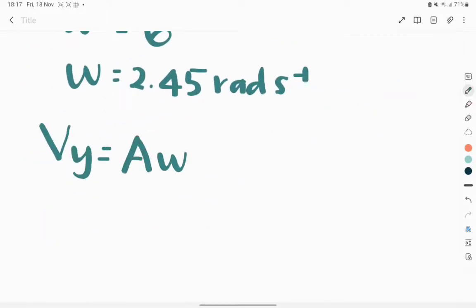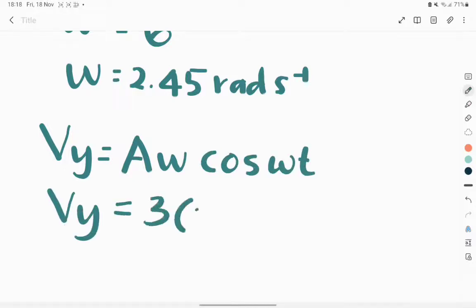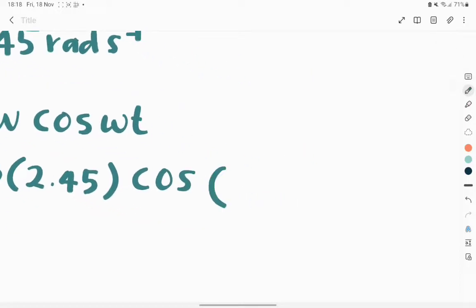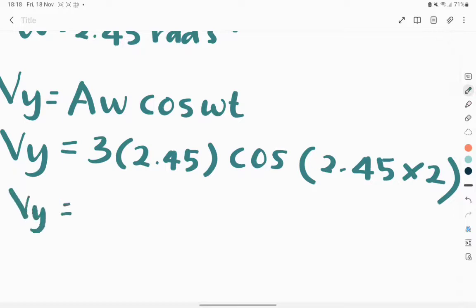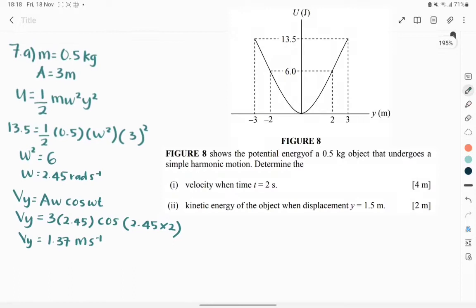To find the velocity when time is 2 seconds, you need to use this kind of formula. Substitute the value and you will get the final answer. The final answer is V is equal to 1.37 meter per second.